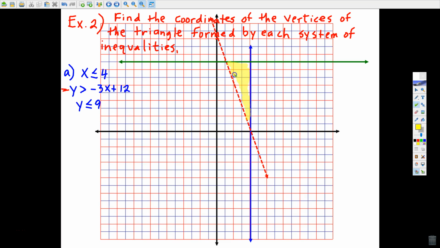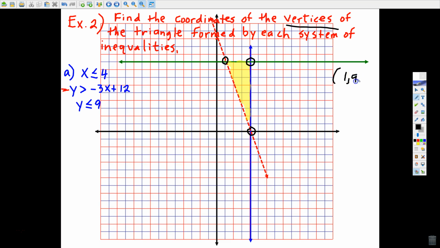This is going to be a good little preview for our lesson on linear programming, because those graphs look a lot like this. And we're also going to be naming vertices. Vertices are, in this case, these 3 points where two lines intersect. So we have this point 1, 9.